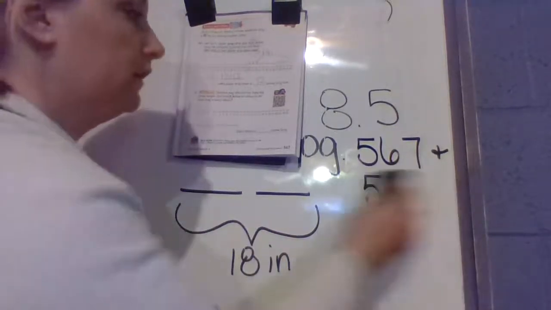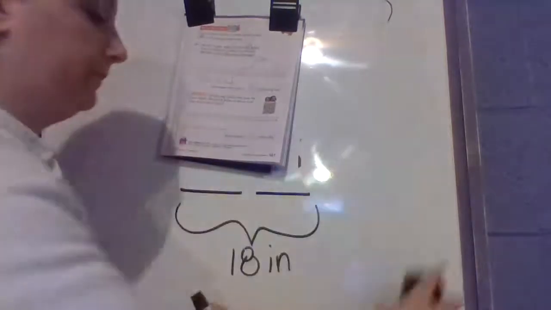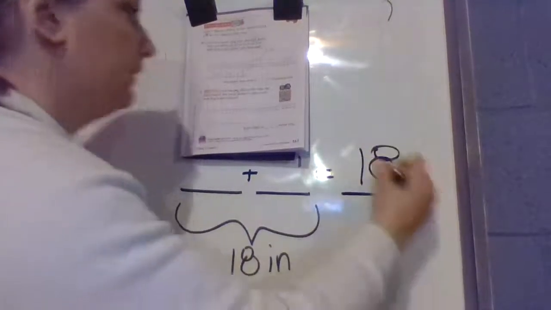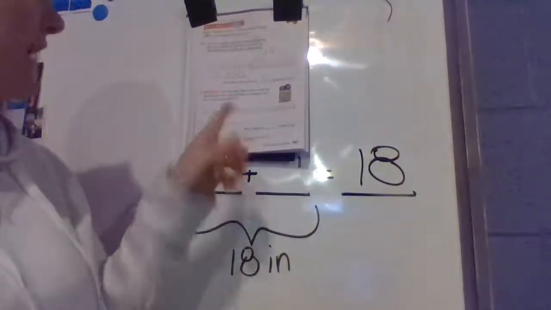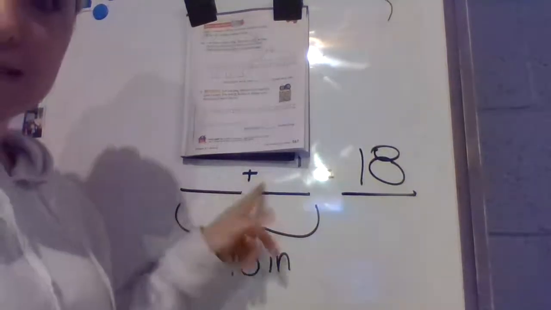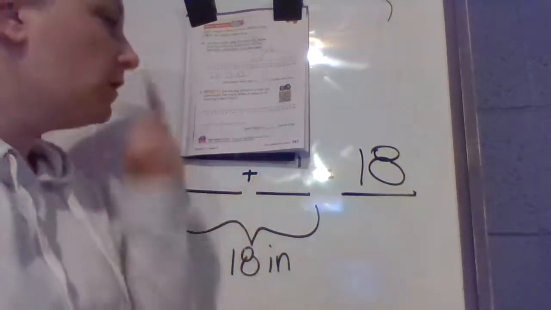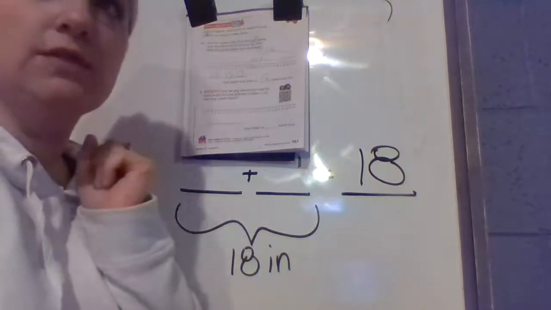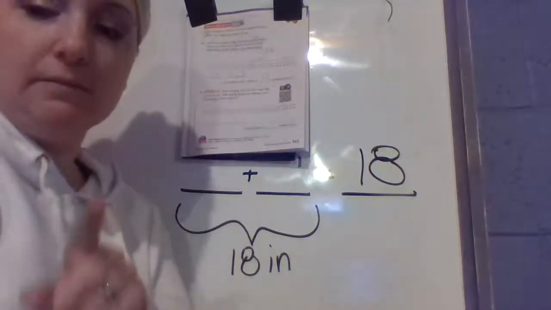Okay? Erase this for now. So I know something plus something is going to equal 18. And the other clue is that the 2 ribbons have the same length. So this number has to be the same. So how am I going to figure that out? What 2 numbers that are the same number, when I add them together, equals 18.